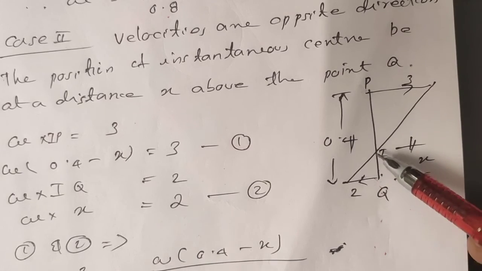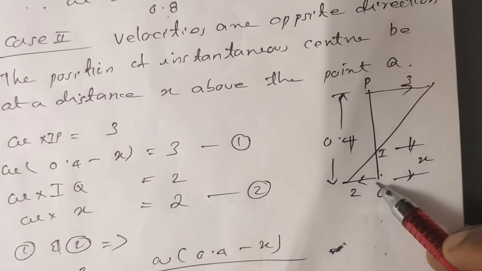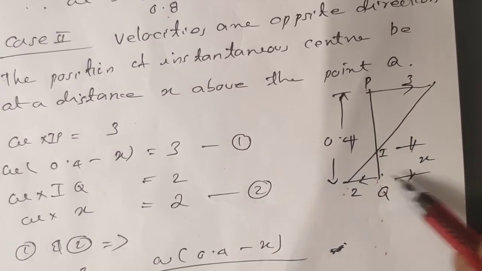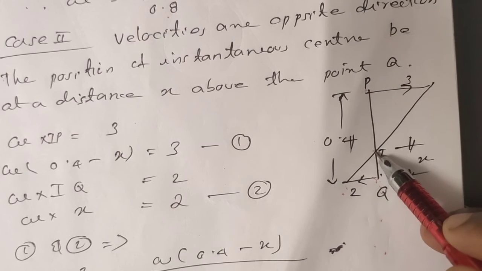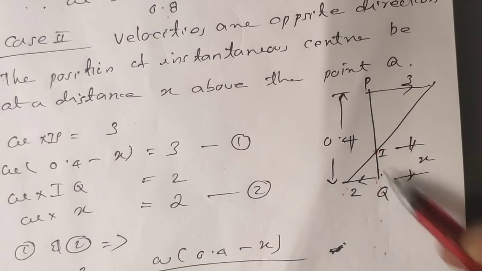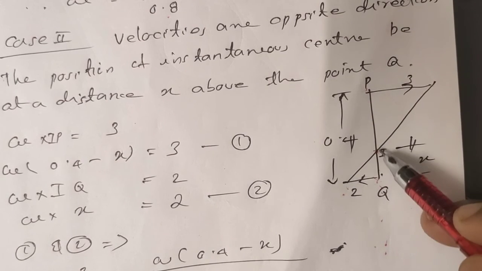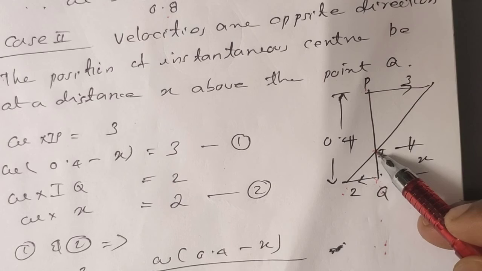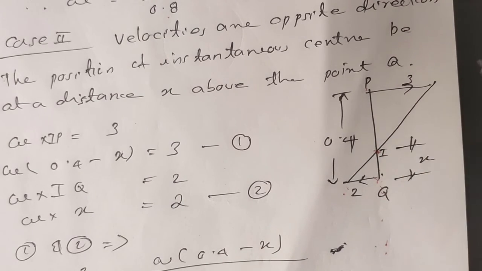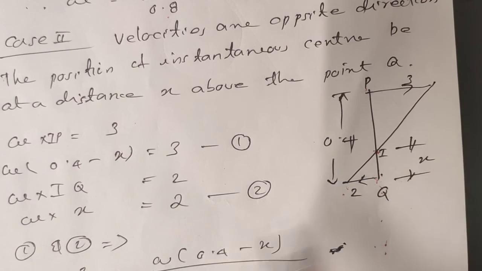P to Q is 0.4 meter or 40 centimeter. The x will be above Q. This is the instantaneous center I, with P and Q. The previous I was here; in this case I will be upside because it's opposite direction. So just note down these differences between opposite and similar directions of contact.